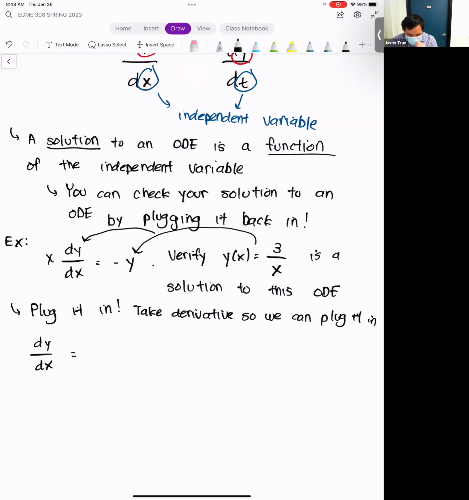We have dy/dx, so let's plug in y. It's going to be d/dx of 3 over x.